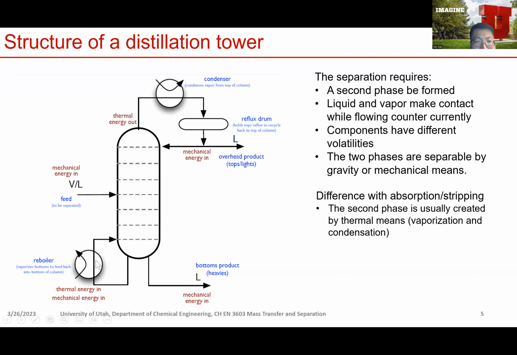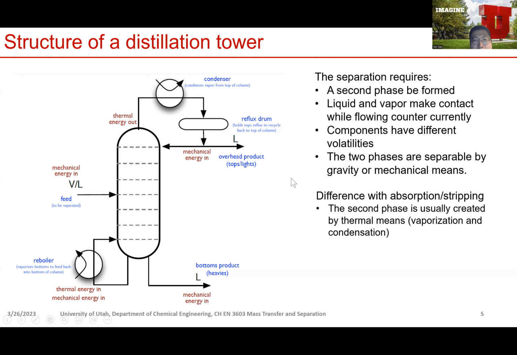Meanwhile, we will also split the produced stream, partially returning it back to the tower and partially discharging it as a bottom product, which contains components with less volatility, okay? So here we input some energy to reboil, to boil the liquid. And here, when we condense the vapor, we take some energy out, okay?